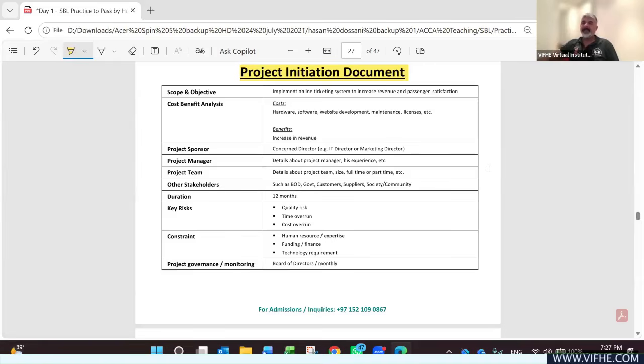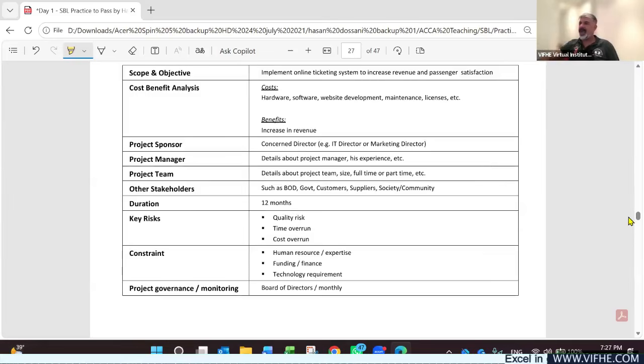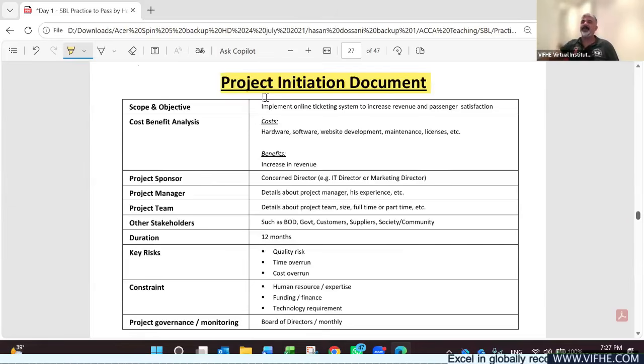In SBL, the examiner will not ask you to prepare the PID because it will be very time consuming. Instead, the examiner will give you a PID and will ask you to identify errors, mistakes, omissions.